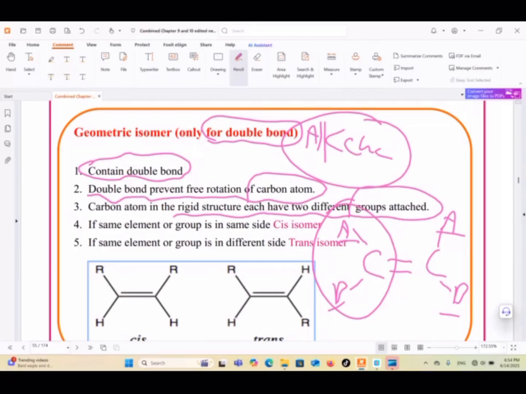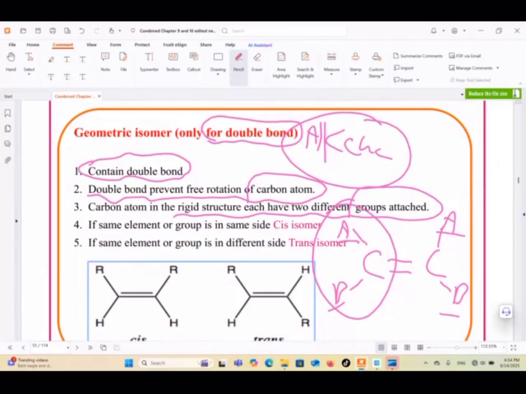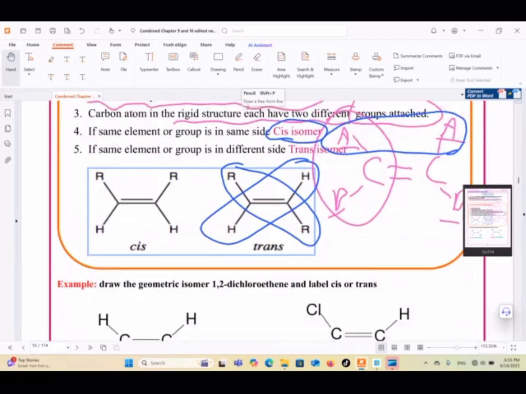And guys, whenever the same type of atoms are on the same side, like in this structure, A and A are on the same side, we add the prefix cis to the name of the isomer. If they are on opposite sides, here we have R opposite to R, H opposite to H, we add the trans prefix for the isomer.